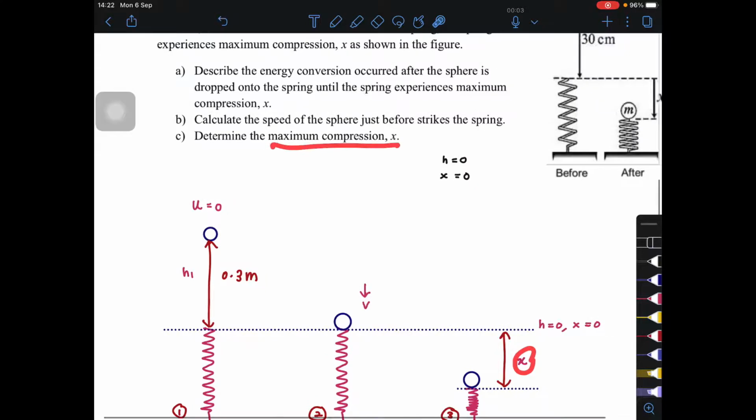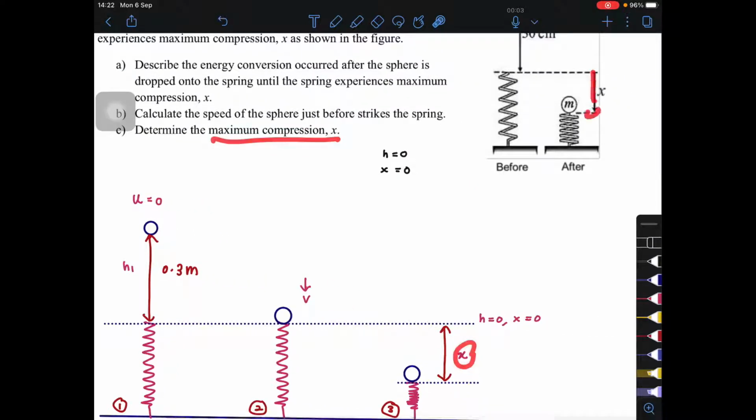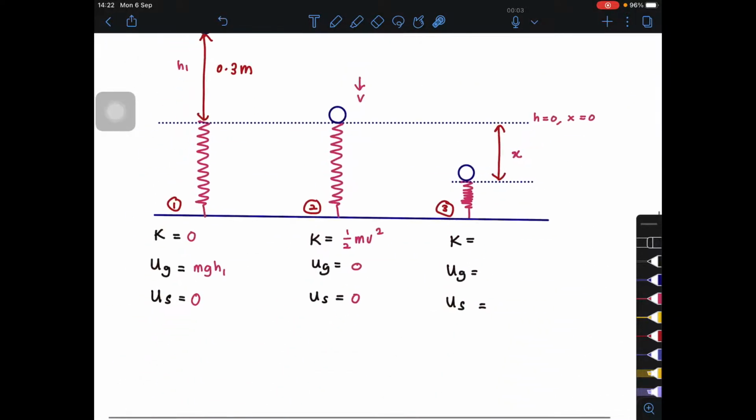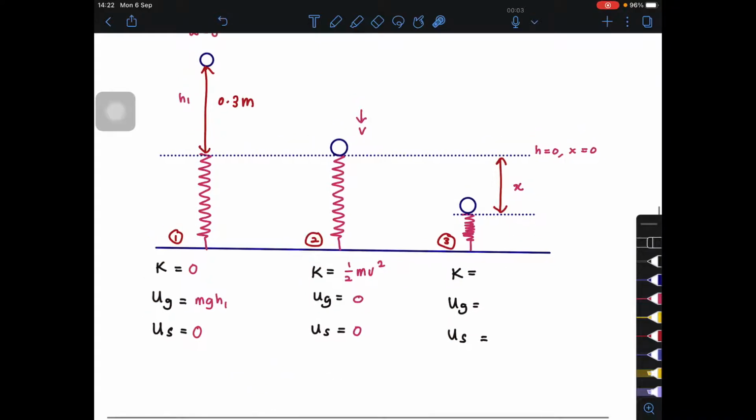Calculate the maximum compression. Lagipun sudah dituliskan dekat sini, dekat dalam figure yang kita dapat. So kalau ada maximum compression, ada value of x, akan ada elastic potential energy. And then this one is not here, so akan ada value untuk gravitational potential energy juga.